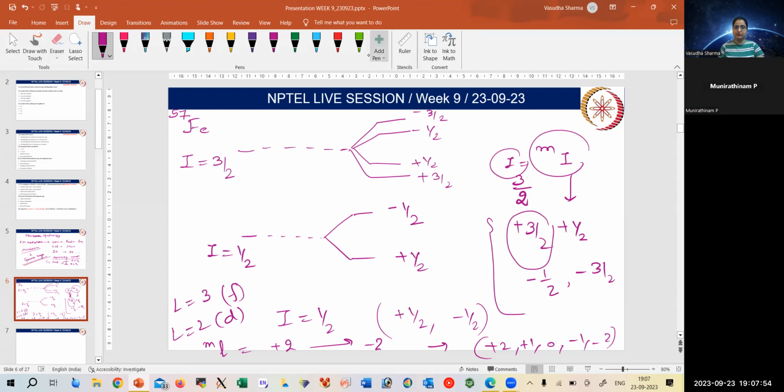Now the main point was that in NMR, the splitting happens in the presence of a magnetic field, because the interaction only starts then, whereas these states remain degenerate in the absence of any magnetic field.